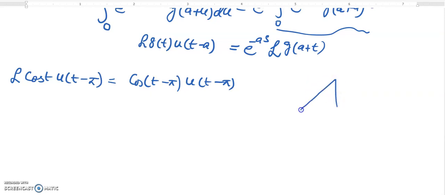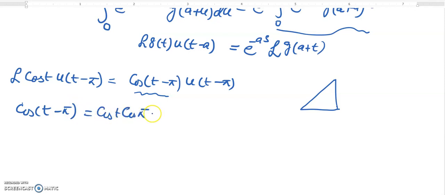So what is cosine of t minus pi? Is it equal to cosine of t or not? We need to find whether it is equivalent to some other function. I can write cosine of t minus pi as cosine of t cosine of pi plus sine of t sine of pi.